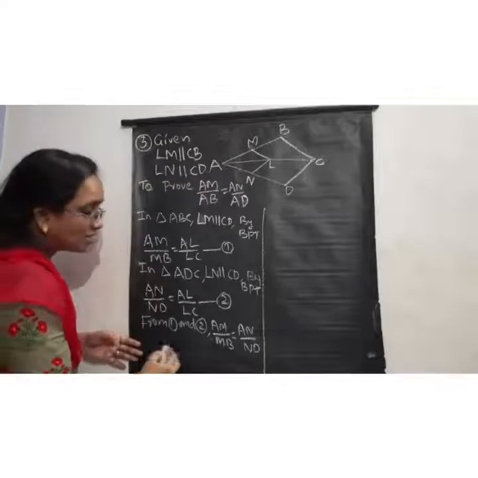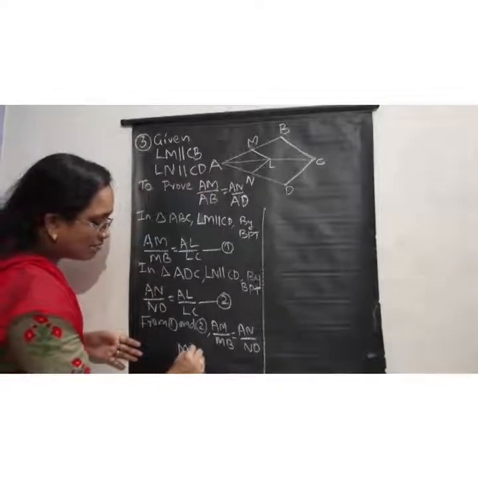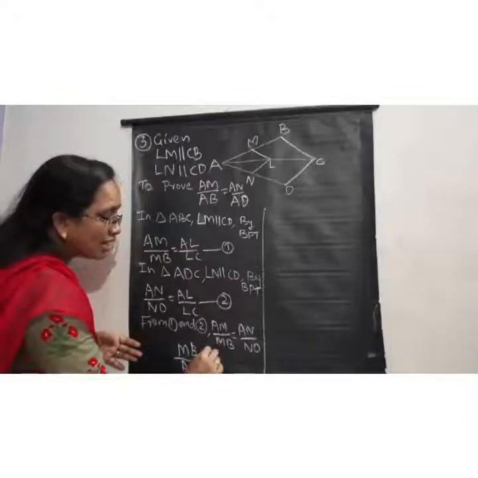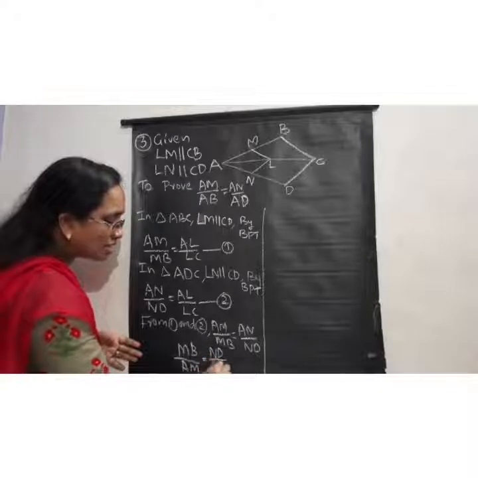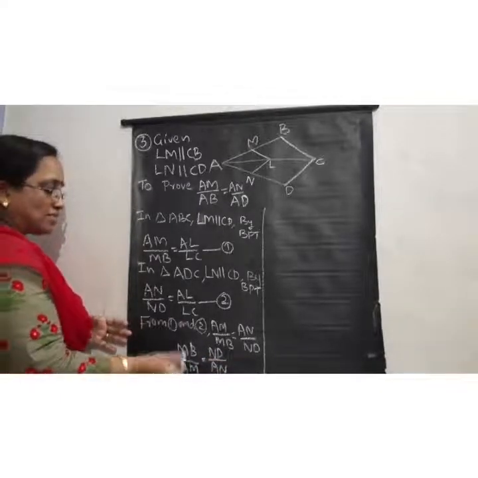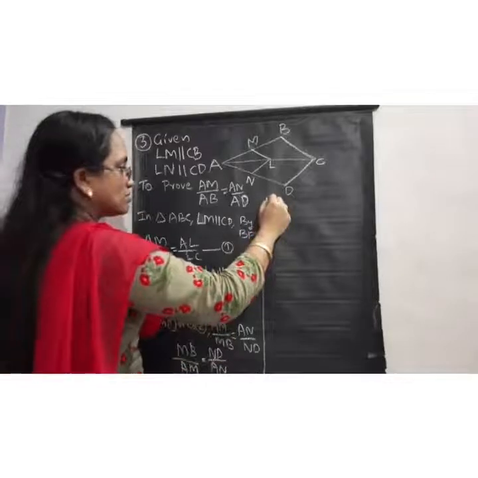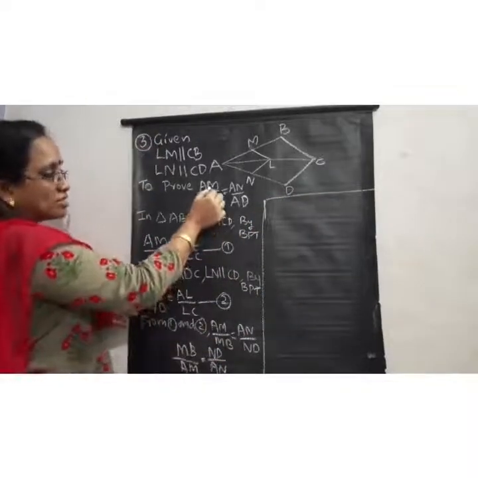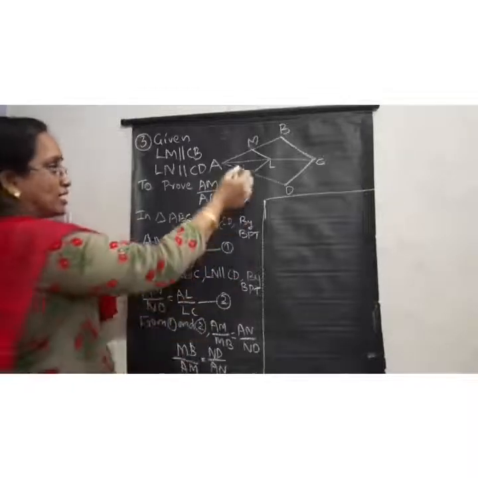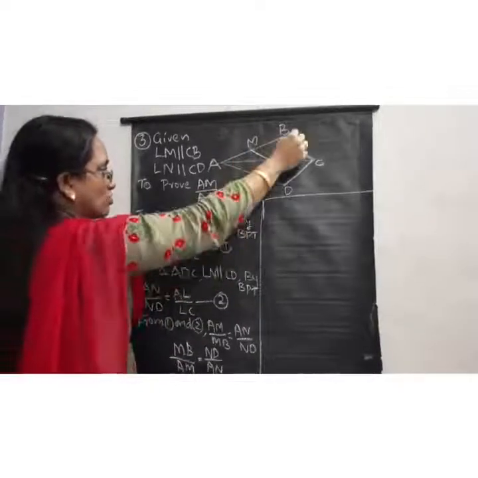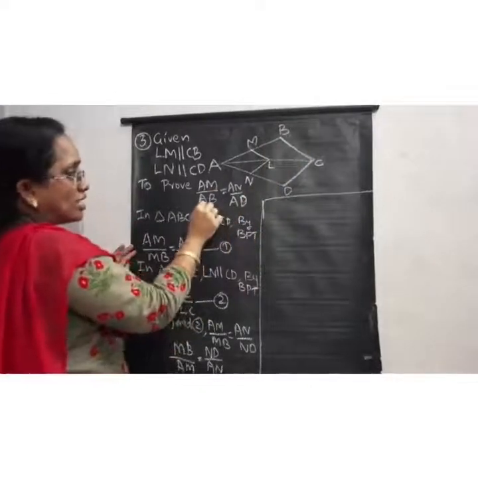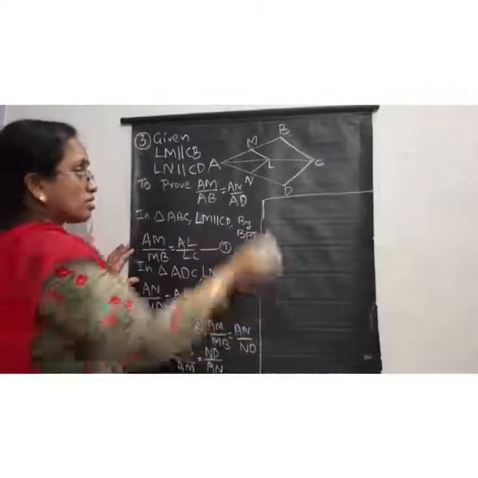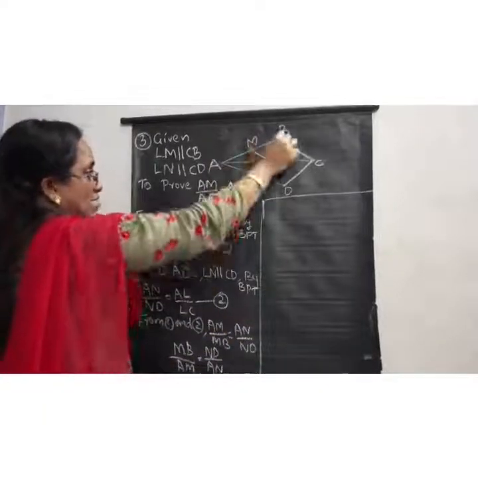So MB by AM equal to ND by AN. We don't need MB, we need to write it in terms of AB. AM is already there. So MB can be rewritten as AB minus AM.